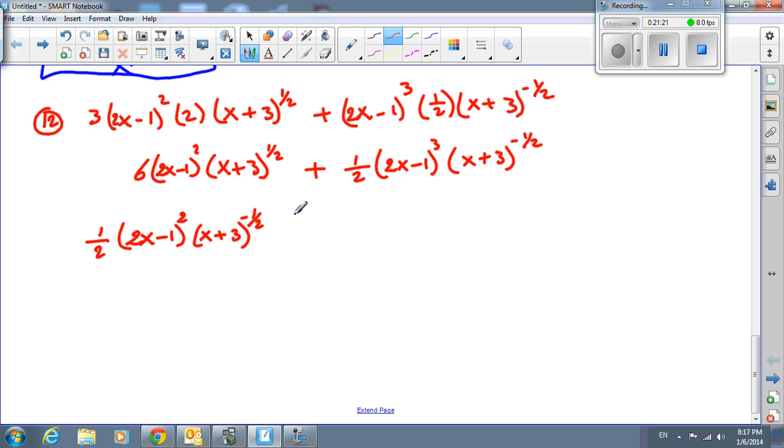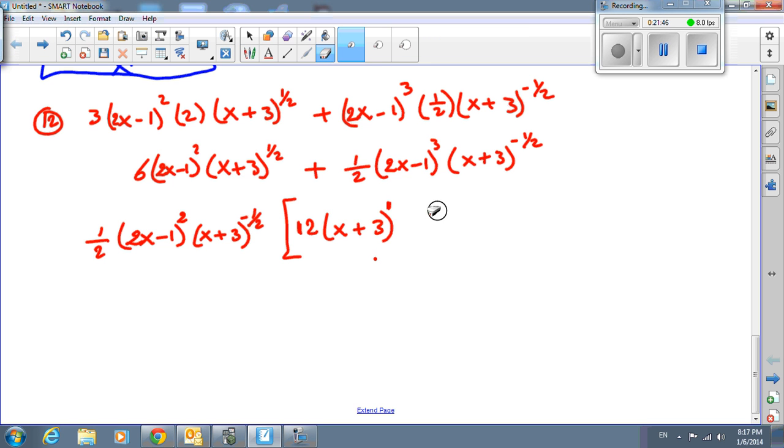If I do so, what will be left is, from this one, I will now have a 12, because 12 times 1/2 will give me my 6. And I will also have x plus 3, because here is to the negative 1/2. Negative 1/2 plus what will give me 1/2 is plus 1. So this is raised to the power of 1. But of course, raised to the power of 1, as the rule says, we don't have to write this one.